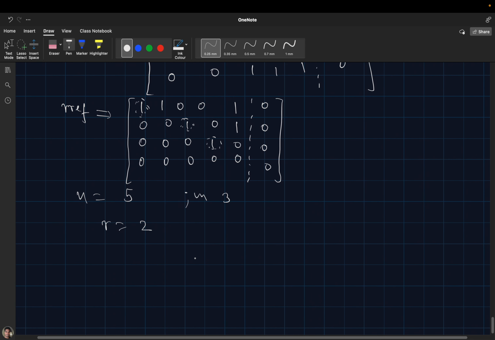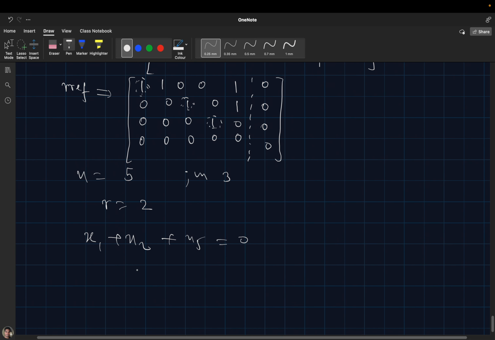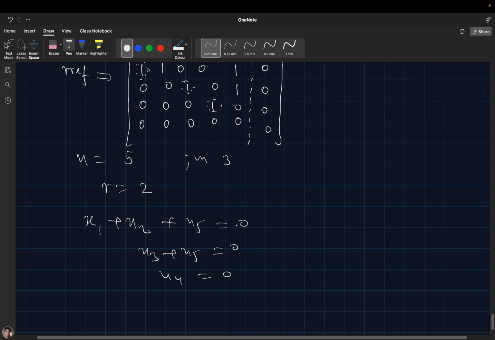Which means that if you write it as a system of equations, you will get x1 plus x2 plus x5 equal to 0, x3 plus x5 equal to 0, x4 equal to 0. So here you can see that the only leading variables are x1, x3 and x4.